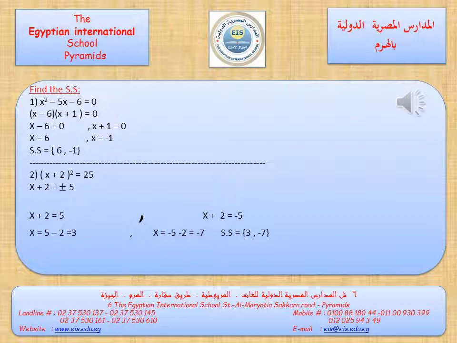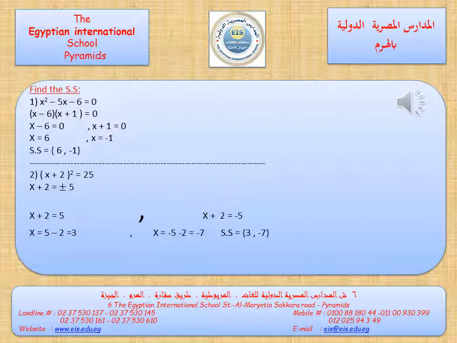So x may be a negative number or a positive number because it's under the power 2. So x plus 2 will equal positive or negative 5. We can divide this equation into two parts. x plus 2 equals 5 one time, and x plus 2 equals negative 5 another time. So we can solve this equation easily.